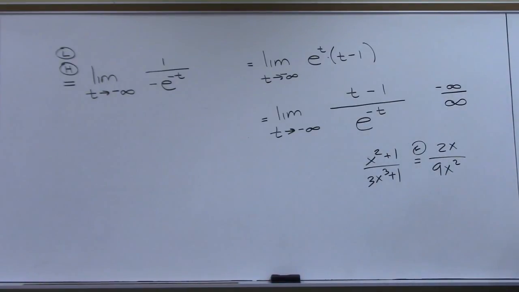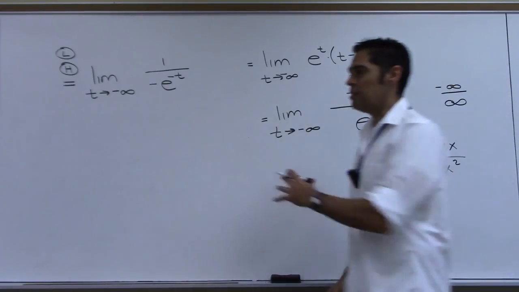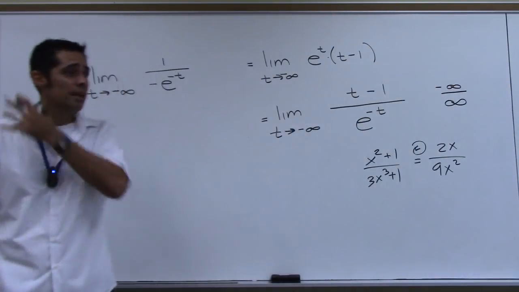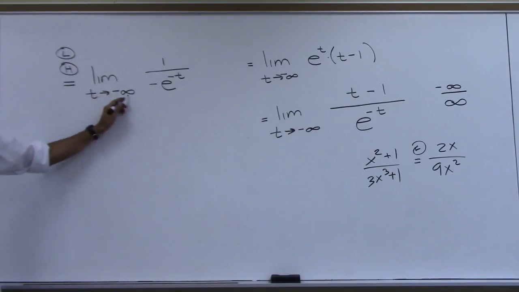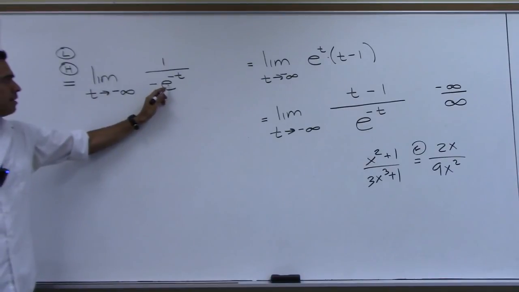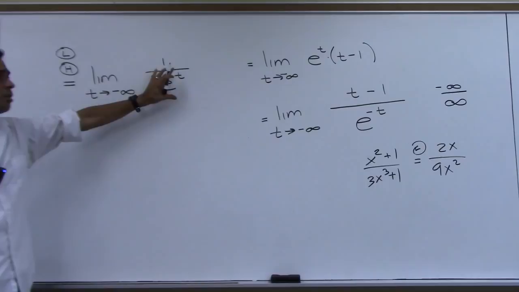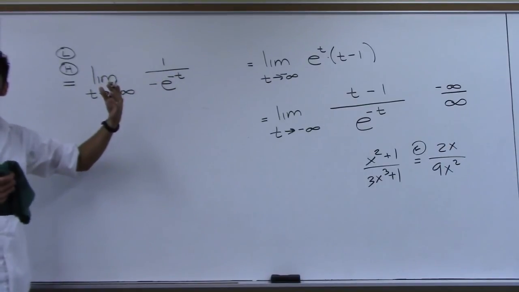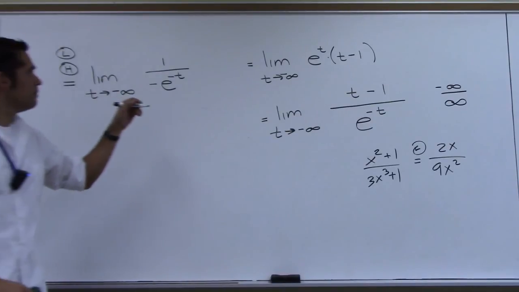Now, let t go to negative infinity again. And what we're checking for is to see if L'Hopital's rule actually allowed us to get to an answer. So if we let t go to negative infinity, the bottom here, e to the negative infinity, that thing blows up, it gets huge, infinitely huge. 1 divided by a huge number, it's negative, right? 1 over a big negative number is still going to approach what? 0.